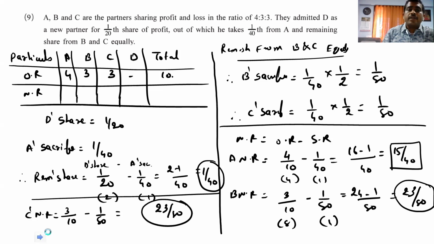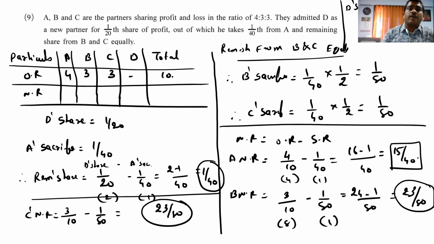Then comes D. D is the new one only, so we can directly take D's share. D is getting 1 by 20, and we just have to make the LCM 80, so 4 by 80.